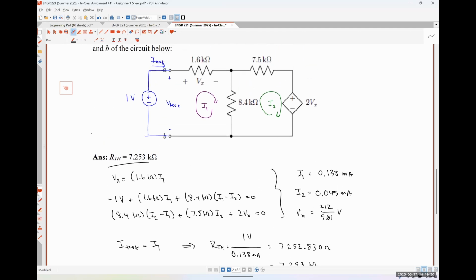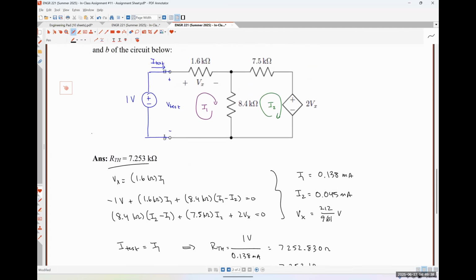For what it's worth, I don't think this was particularly difficult, but you guys may disagree. But choosing a test current source here might have actually been a slightly better place to start from, okay?